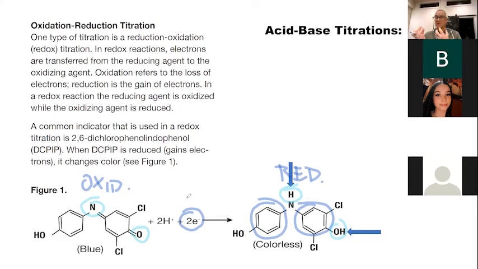Because if you don't balance out the charge, then this thing, when it's reduced, would be -2. And so basically the protons go with it to balance out the charge. So this is the structure that gets oxidized right here when we add it, so it's already oxidized. When we add it, the vitamin C then transfers 2 electrons over to DCPIP, and it goes from a blue color to clear.